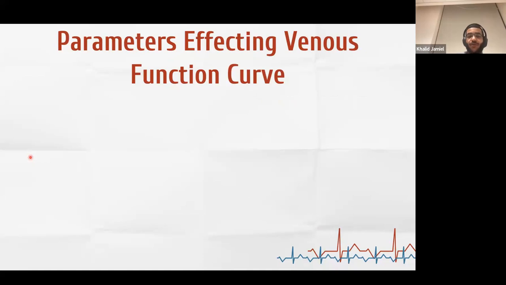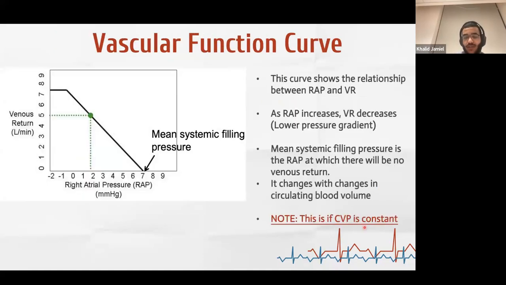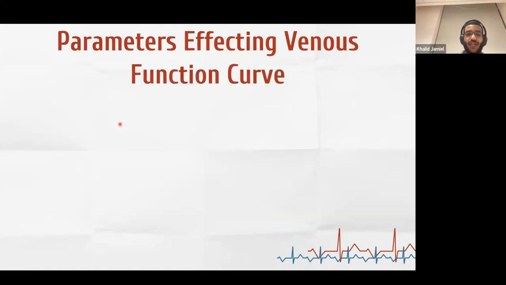So now, this is if central venous pressure is constant. However, what happens if we change the central venous pressure? The curve will change. And there are 3 things that can change the central venous pressure. One is blood volume. So let's think together. If we increase the blood volume in the body, will the central venous pressure increase or decrease?